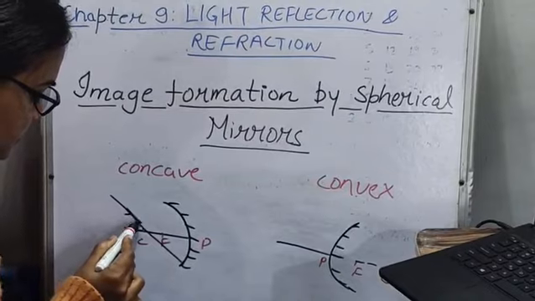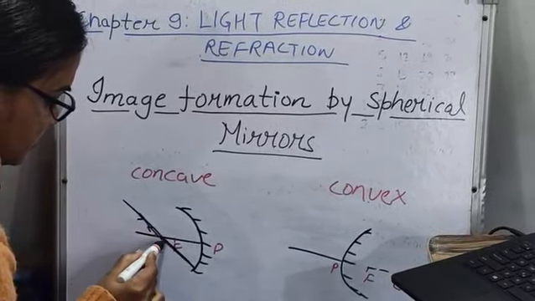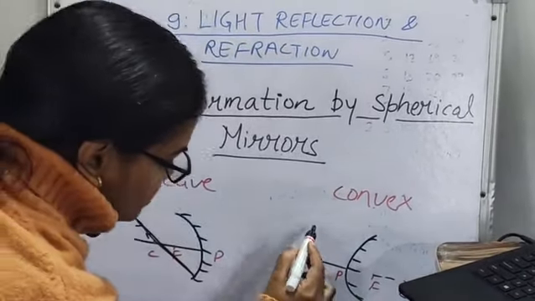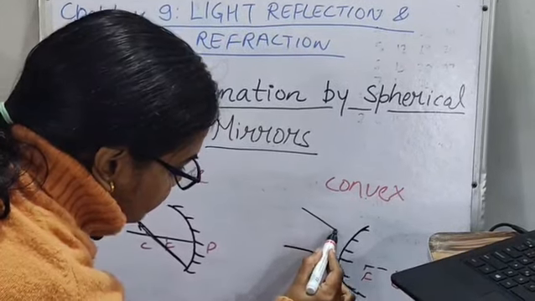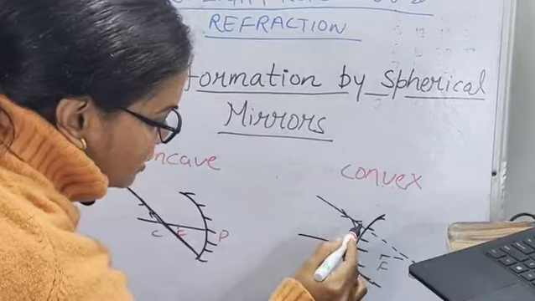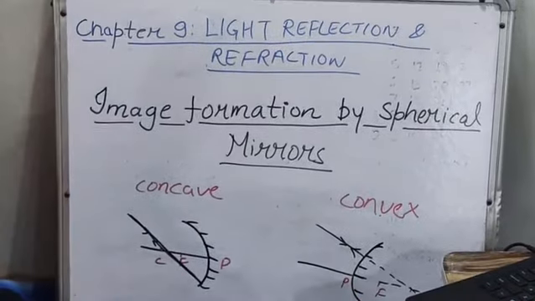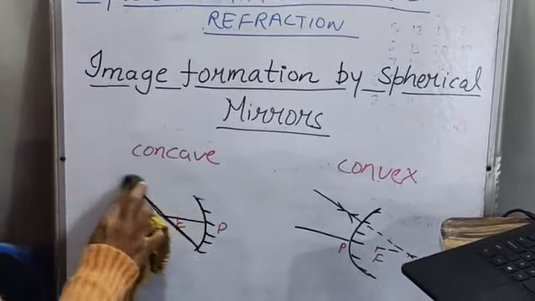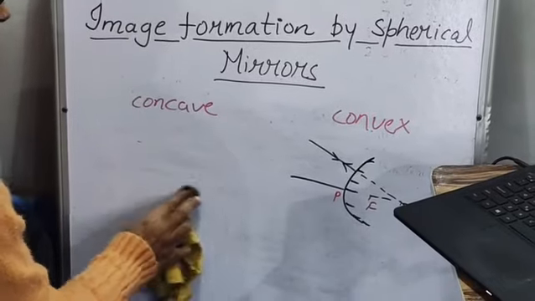This is the incident ray and it will be reflected back along the same path. Similarly here. Now finally coming to the last rule.